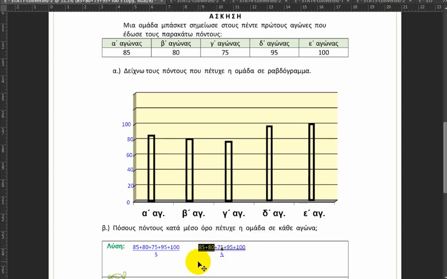Let's say 85 plus 80 makes 165. And 165 plus 75 makes 240. 240 plus 95 makes 335. Plus 100 makes 435. Divided by 5. And that is going to give us, if we do that division, you could do it vertically.